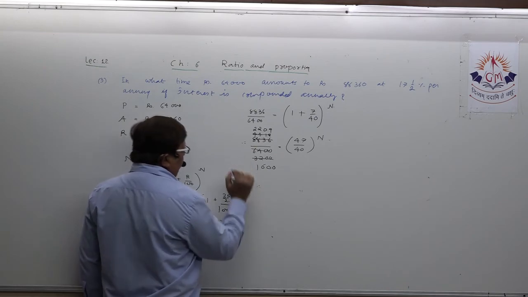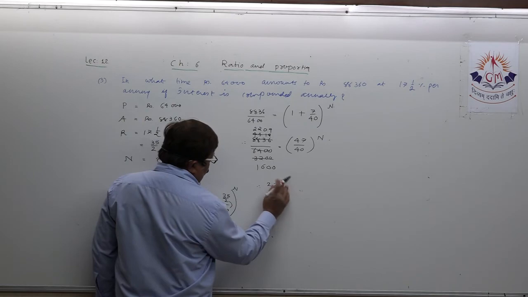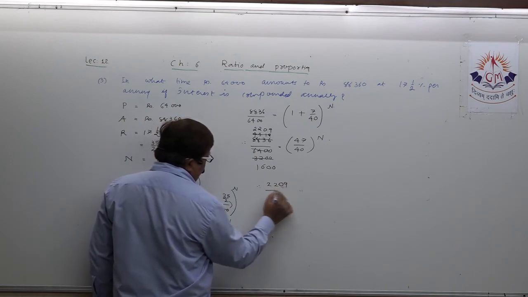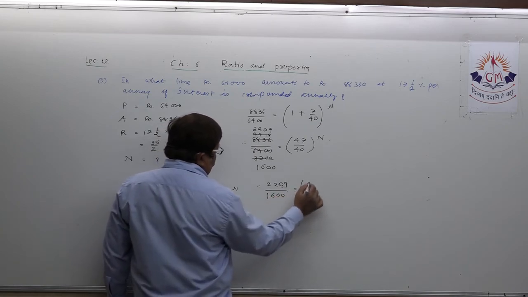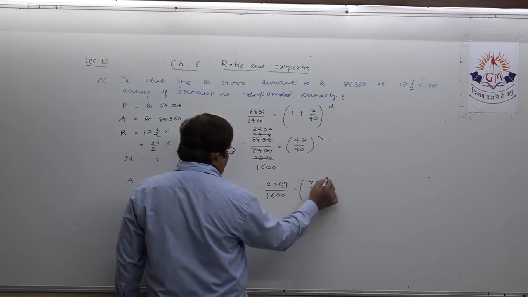So now you got 2209. Further cancellation doesn't seem possible, upon 1600 equals 47 upon 40 raised to n.